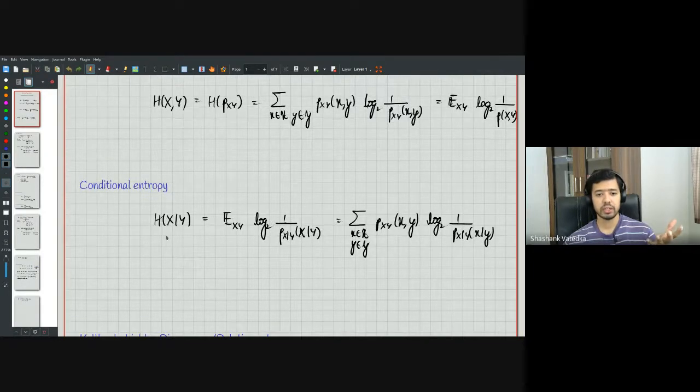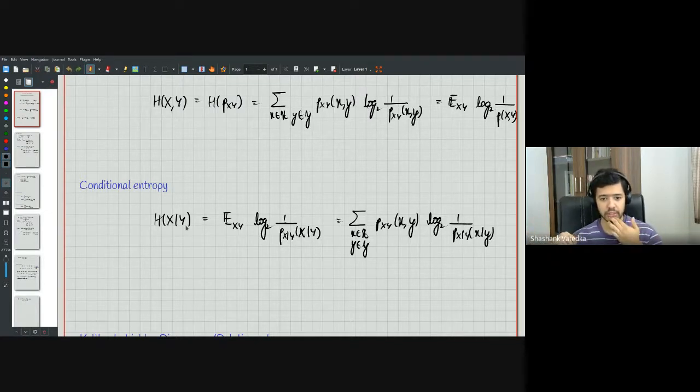Right. So similarly, the conditional entropy of two random variables. The conditional entropy of x given the random variable y is in some sense the amount of uncertainty left in x when you already know y. Right. So for example, if x is a function of y, then the conditional entropy of x given y is equal to 0 because there is no more uncertainty left in x.